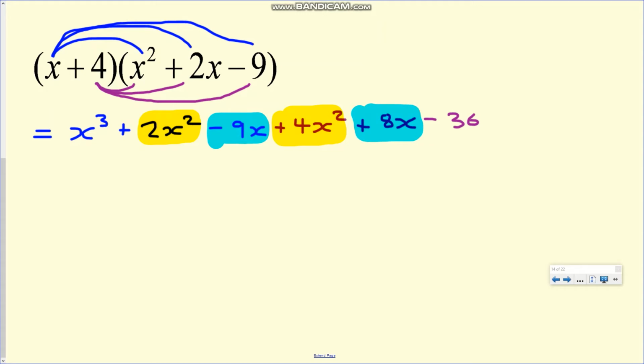The x cubed term, there isn't any other x cubed term, so that stays as is in our solution. And same with the minus 36 units. There's no other unit terms, so we're going to finish off with just minus 36 on the end. So x cubed stays as it is. The x squared terms, I've got plus 2x squareds and plus 4x squareds. So that gives me plus 6x squareds.